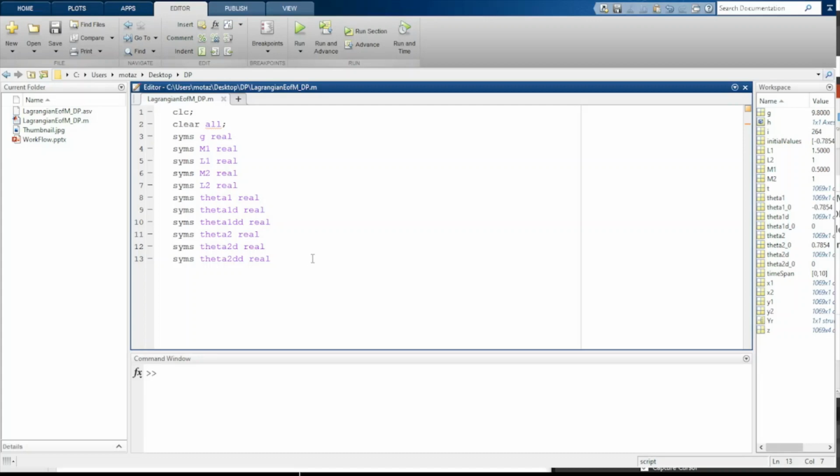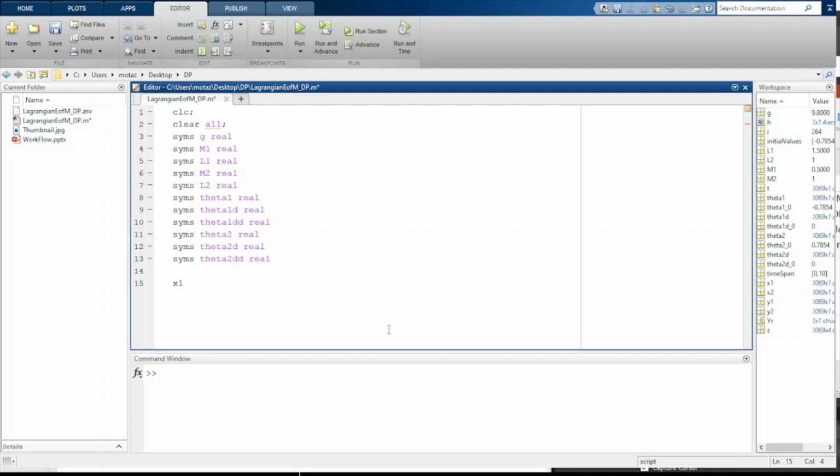Theta 1 dot is the omega, or how fast theta 1 is changing with respect to time, and theta 1 double dot is the angular acceleration. Now that we have our symbols, we can start coming up with our terms, and ultimately we want to know kinetic and potential energy.